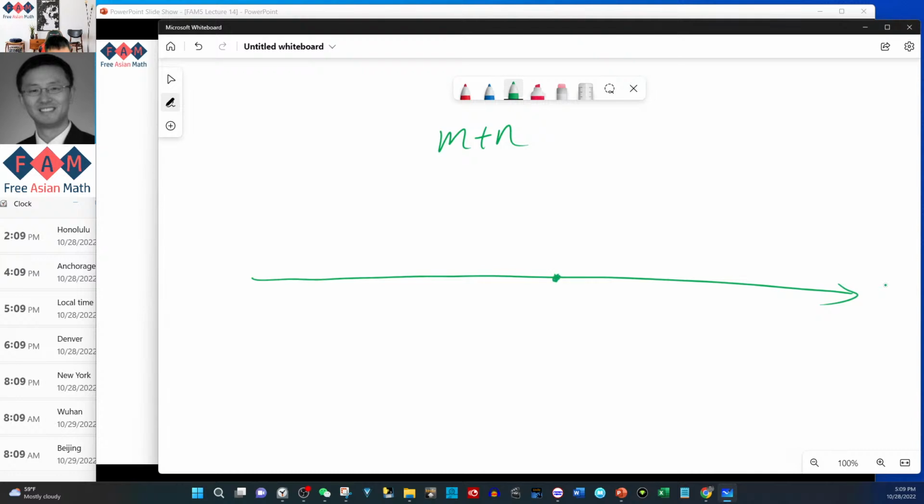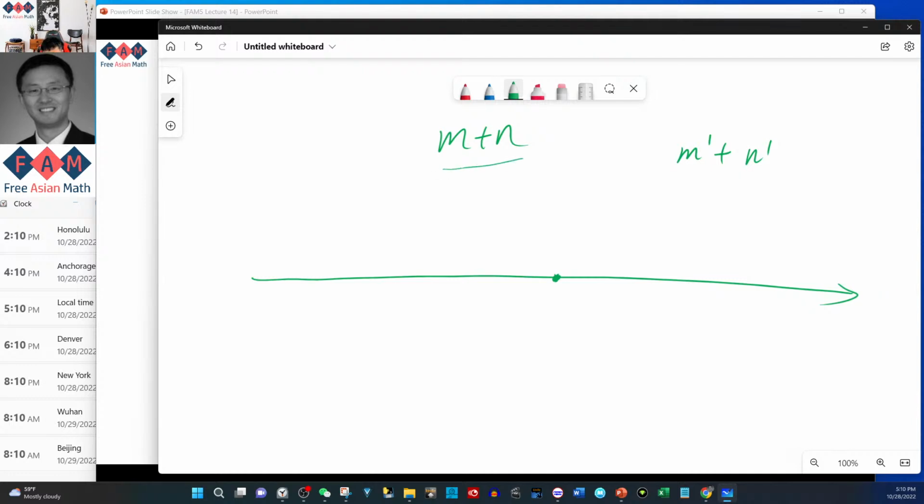Whatever those numbers are, they could be both positive, both negative, or one negative and one positive. Before anything, we do a mimic or imaginary parallel operation, another operation m prime plus n prime, at any step.